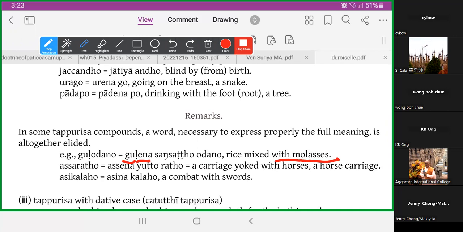Rice, odano. So odano is rice. And then you have this word, okay, it's a mixed one. But this word samsatto, you cannot find in the combination here. This word is dropped here. This word is elided here.